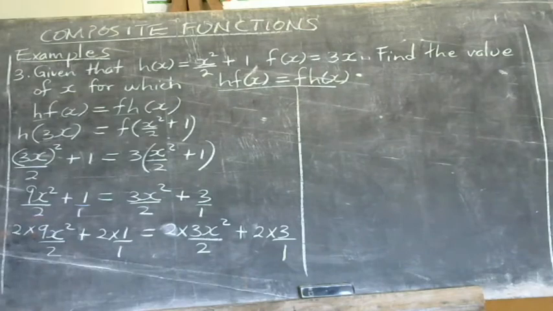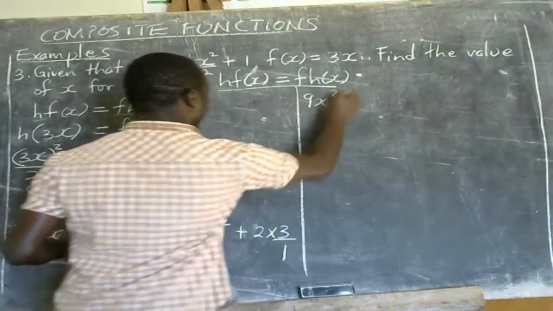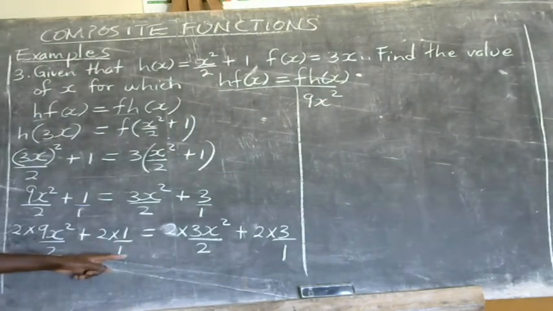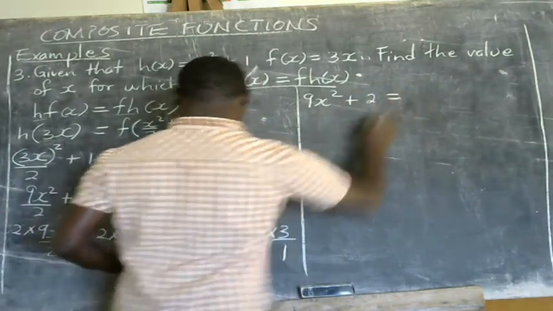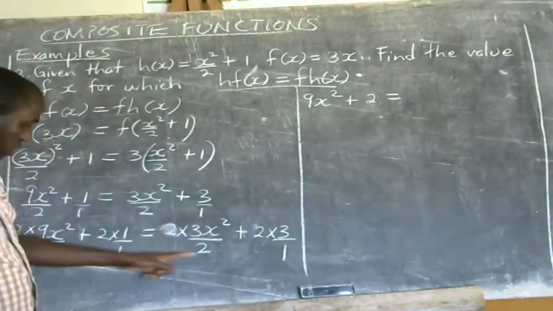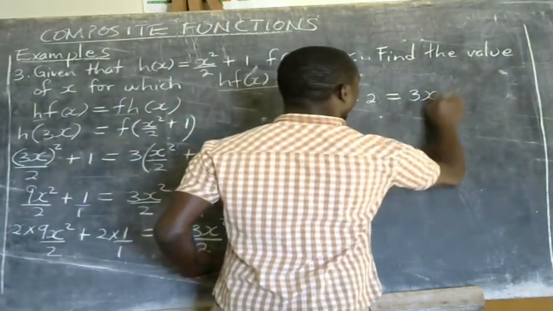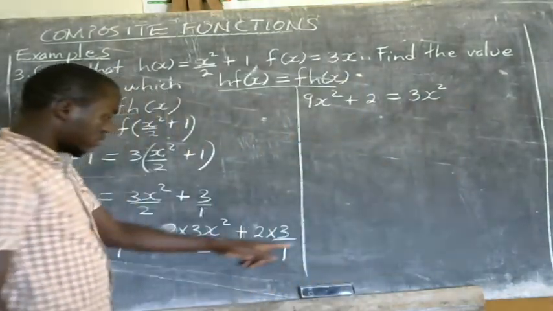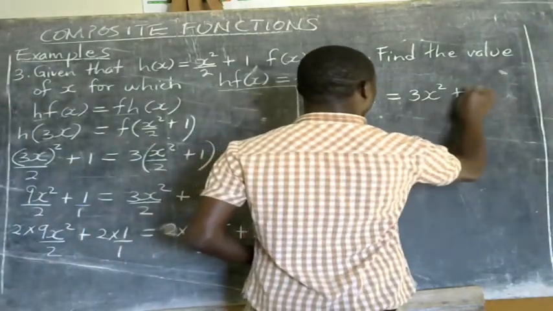Then here the 2 is going to cancel, and I remain with the 9x squared. Then here it's going to be a 2. It's equal to, then here the 2 is going to cancel, and I remain with 3x squared. Then this one here is going to be positive 6.